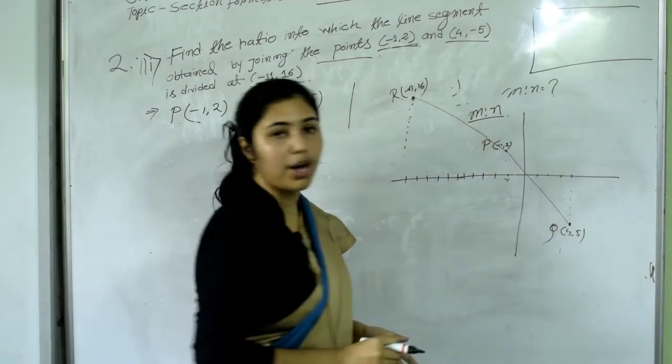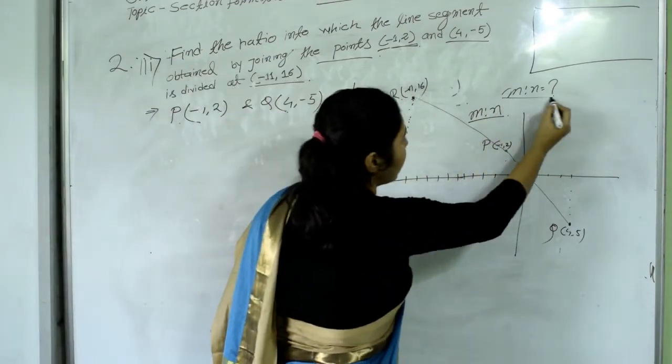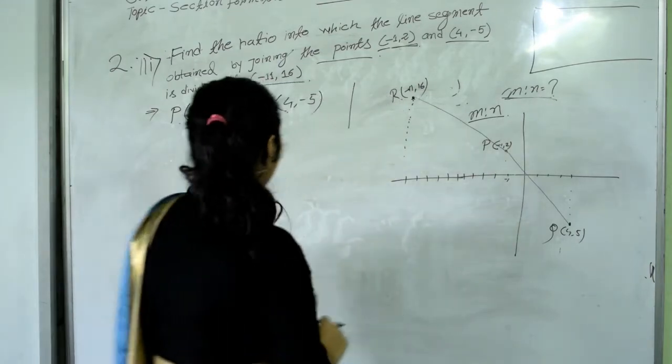So now we have to find the value of m:n.